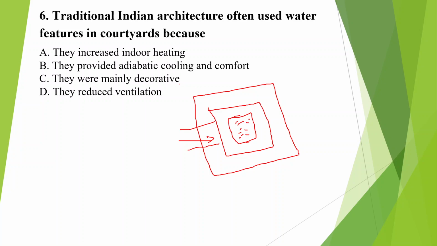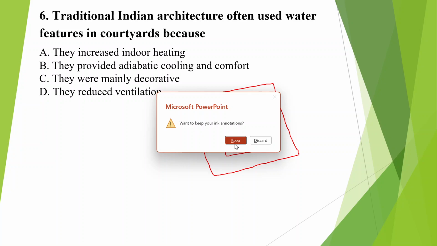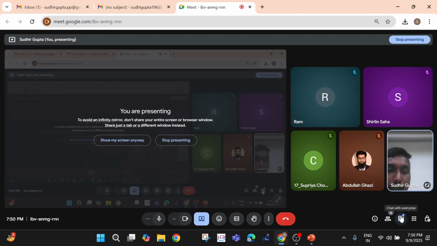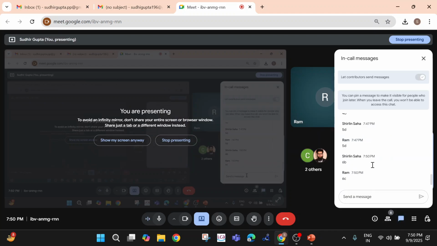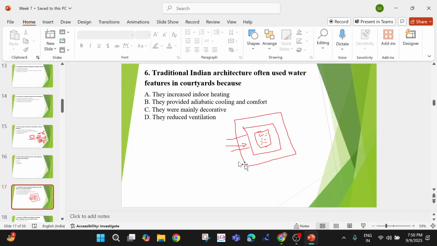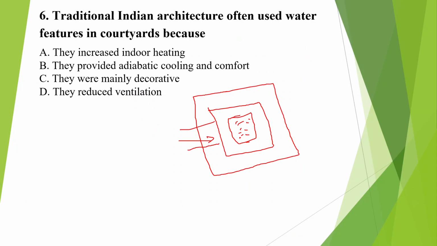So try to give your answers, one by one, whoever knows the answer. As I can see for this particular question, question number 6, I'm getting multiple answers and multiple options, but only one option is correct out of the four options.